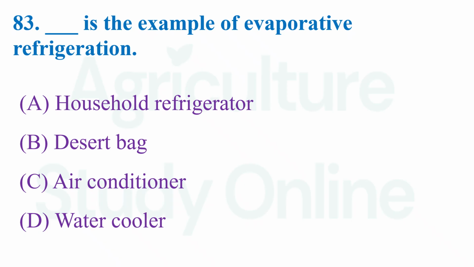It's a traditional method. Air conditioner. So air conditioner, they will use refrigeration cycle or compressor based. Water cooler. So water cooler, basically it uses evaporative cooling, that means air plus water evaporation, and it is a common example for evaporative refrigeration. Correct option is option number D. So for evaporative cooling, water evaporation, then cooling, example, we can say desert coolers.